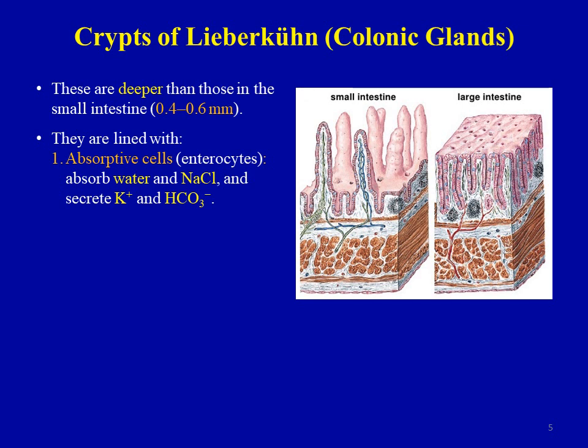So in the large intestine, the crypts are lined mainly by absorptive cells. These are called absorptive cells or absorptive enterocytes. They absorb water and sodium chloride, and they secrete potassium and bicarbonate. But their main function is absorption. That's why we call them absorptive cells.